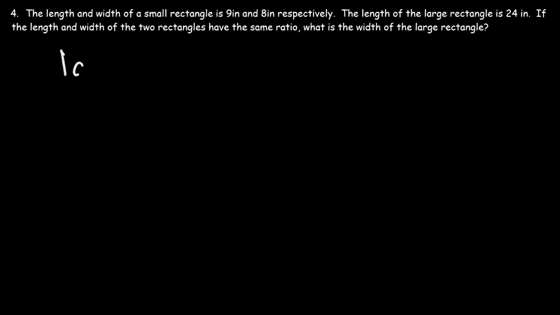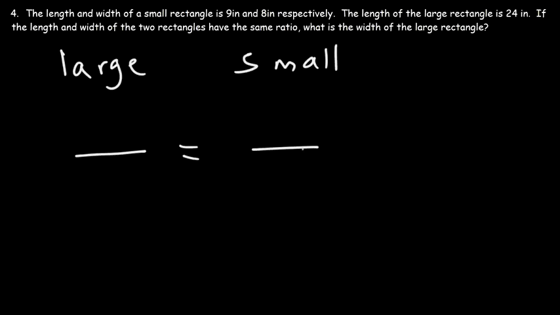Well, let's set up a proportion. So we have the large and the small rectangle. Now let's say the top portion represents the length of the two rectangles, and the bottom part of the two fractions represents the width.